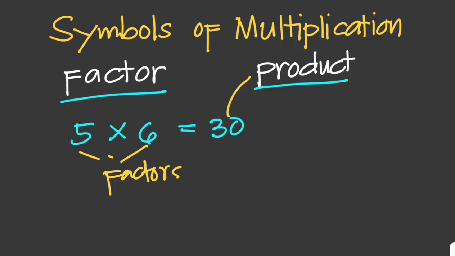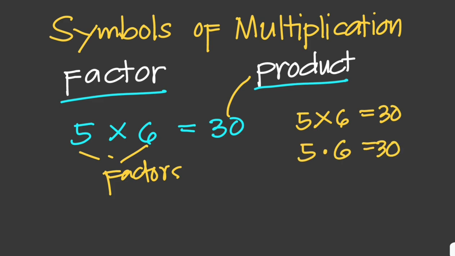And you can represent multiplication in the following ways. A multiplication sign or a dot between factors indicates multiplication. So we can write 5 times 6 equals 30, or 5 dot 6 equals 30. A parenthesis around a factor also indicates multiplication.